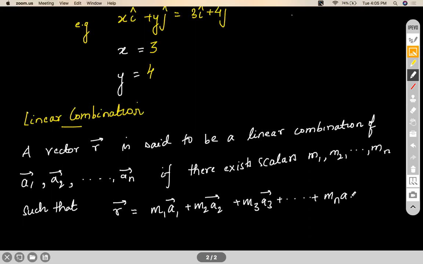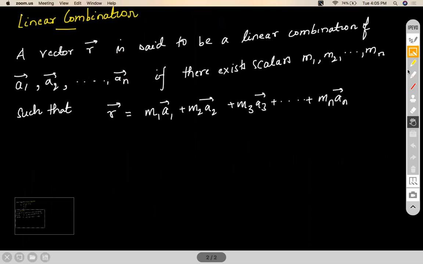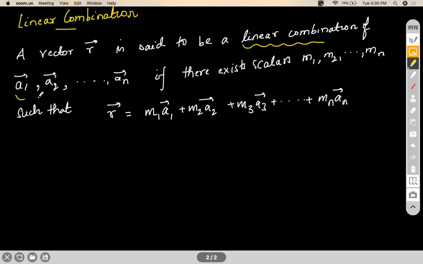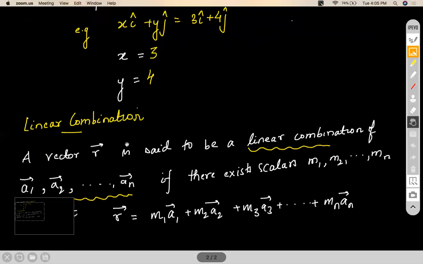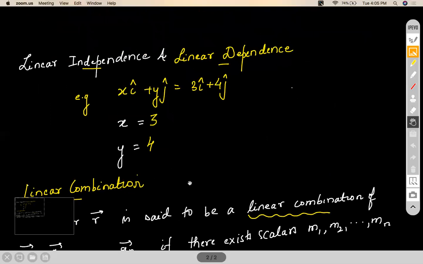Now this concept per se is not that important, but yes, I'll be making reference to this word linear combination every now and then. So you should know what I mean by it. So when such a case happens, we say R is expressed as a linear combination of a1, a2 till an vectors. Now this is a prerequisite to understand the concept of linear independence and linear dependence.